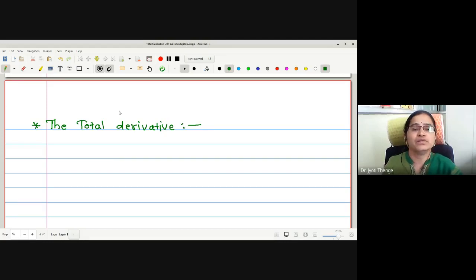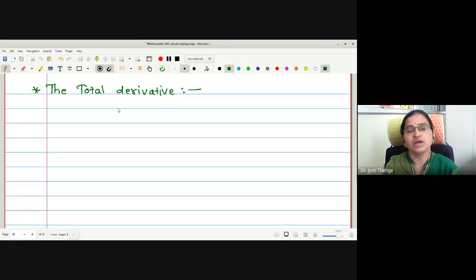Then we will make use of the same point by using Taylor's formula, because the ordinary derivative is called a satisfactory definition of derivative, which gives us the continuity. But whatever partial and directional derivatives are defined are not giving us the continuity at the given point. So to use that one variable concept, we are going to make use of Taylor's formula.